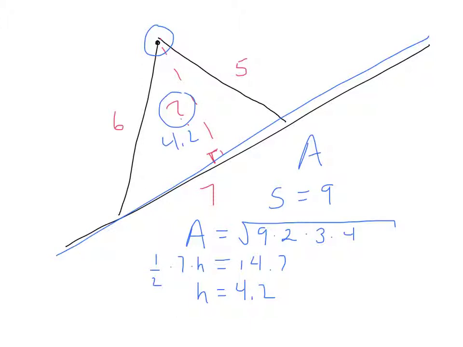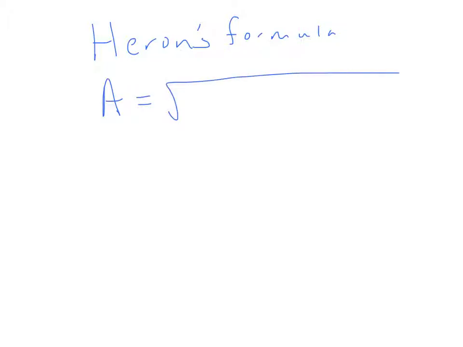And this is, just to review what we've learned today, we learned Heron's formula, which is that the area is equal to the square root of the semi-perimeter times the semi-perimeter minus one side, semi-perimeter minus the second side, semi-perimeter minus the last side.